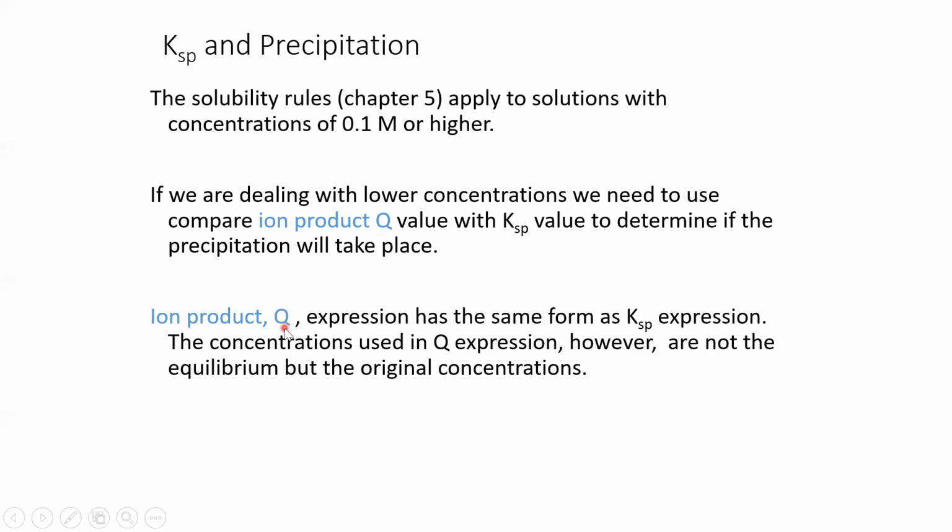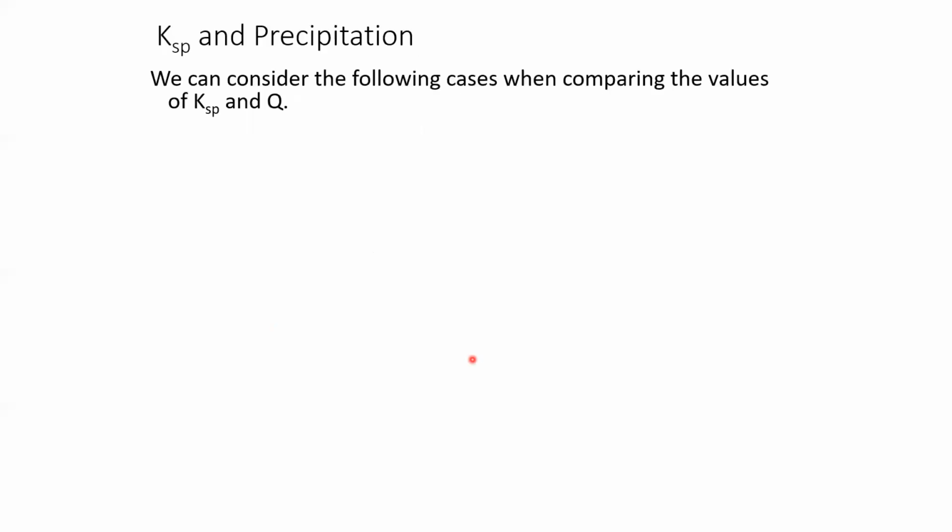When we go to calculate our Q value, our ion product, it's calculated the same way that the K value is calculated: concentration of the ions raised to the power of the coefficient in the balanced equation. And the concentrations we would plug in are not necessarily saturated solution values. So we've got a couple of scenarios.